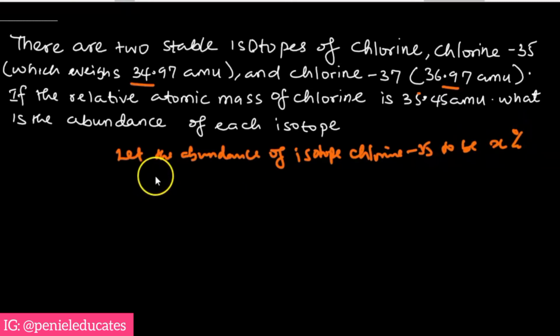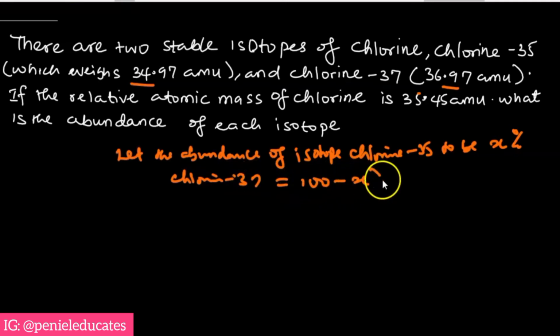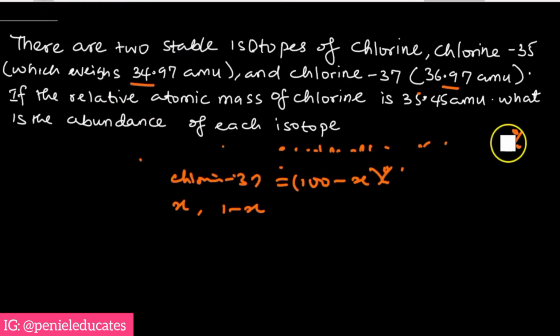Then the abundance of chlorine-37 will be 100 minus X%. We can also do this as X, then the second one can be 1 minus X, if you convert it to decimal. All right, so I'm going to use the decimal one to do my calculation.